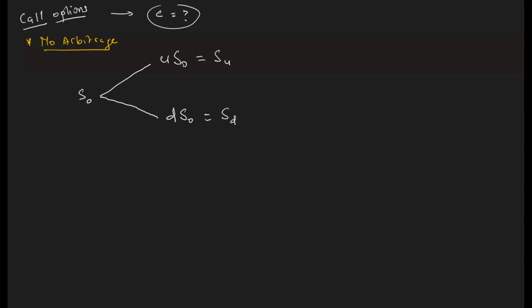We have a call option on this stock with the strike price K. That call option is written today, so the payoff of the call option is going to be as follows. Remember, the payoff of the call option is the maximum of the stock price at expiration minus the strike price, and 0.